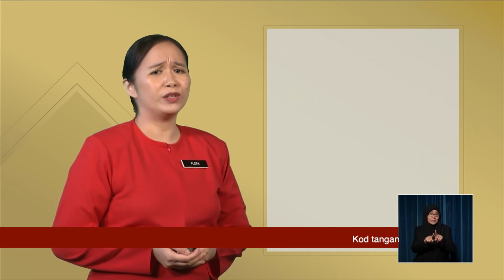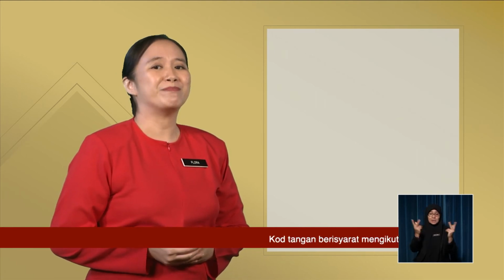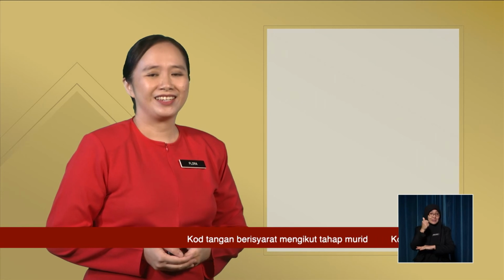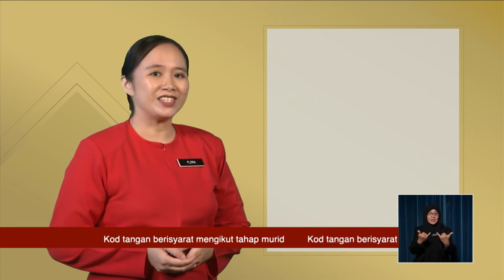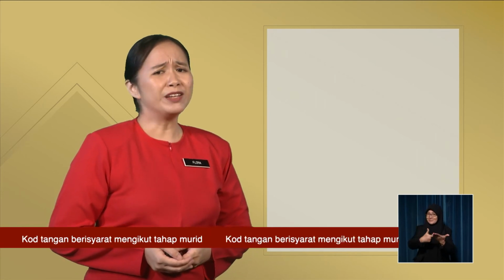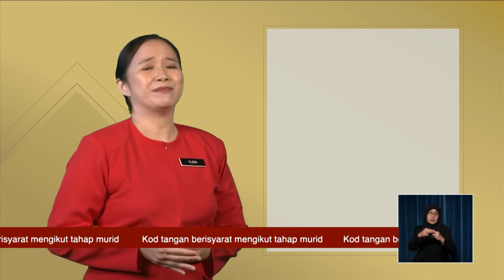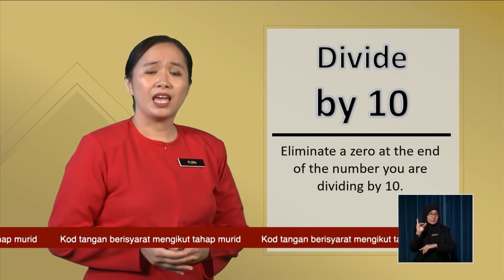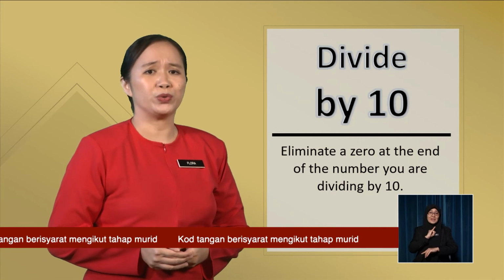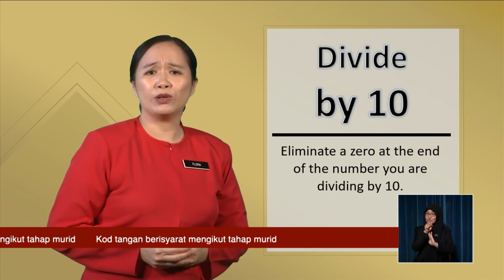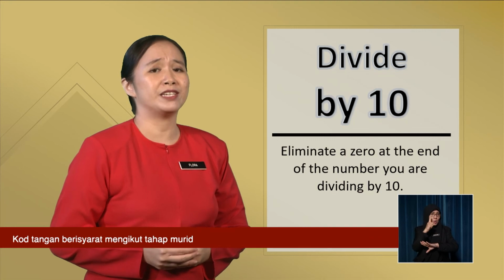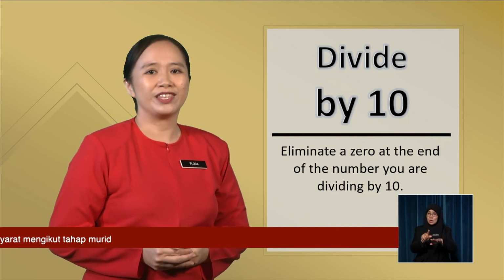Boys and girls, you have learned the trick for any whole numbers multiplied by 10. Now let's learn another trick. What about numbers divided by 10? I will now show you a trick that only works for whole numbers that end with a 0.